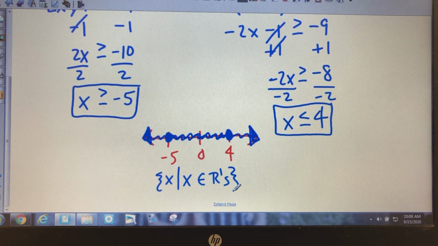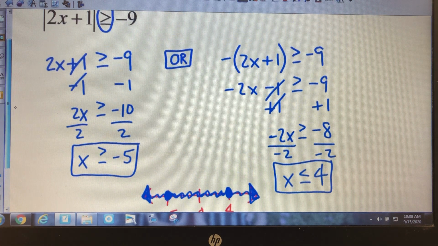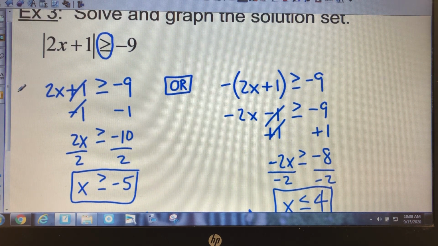Okay, everything works. Now let's think about this. Let's go back to the original problem. Let's use some of our common sense. So whatever we plug in for x, okay, plug in the value for x, multiply by 2, add the 1. When you take that absolute value, isn't it going to be positive? Worst case, 0.